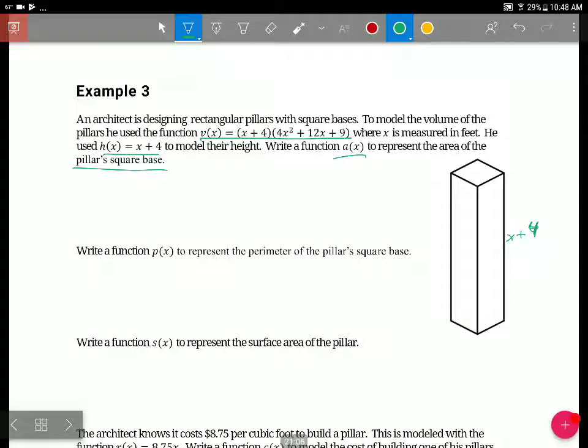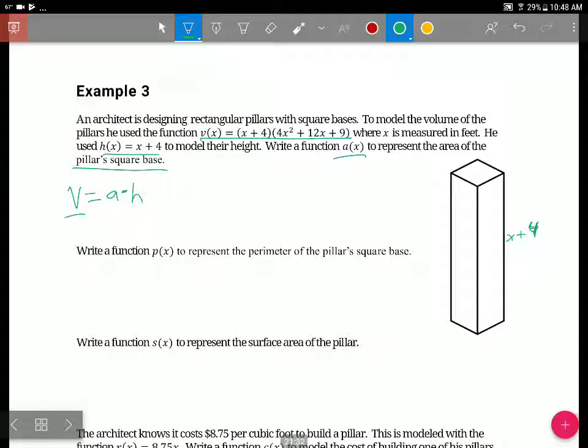Well, we know the volume is the area of the base times the height. That's just like the volume of a pyramid, whatever, a rectangular pillar. So what are you going to do to find a? What do you have to do to solve for a in that case? Divide by h.